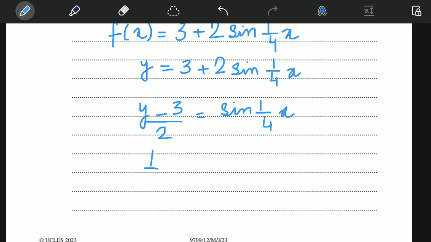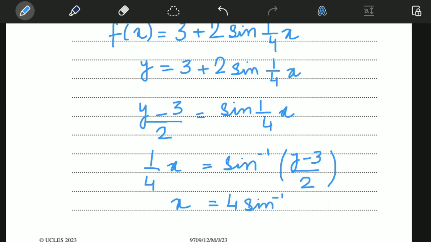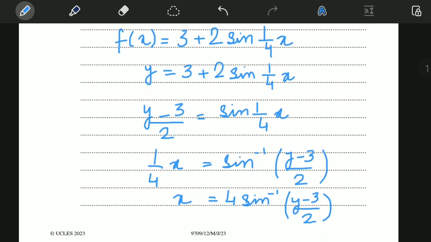And 1 by 4 x is going to be equal to sine inverse of y minus 3 over 2. Okay, and x is going to be equal to 4 sine inverse of y minus 3 over 2. Okay, this is it.